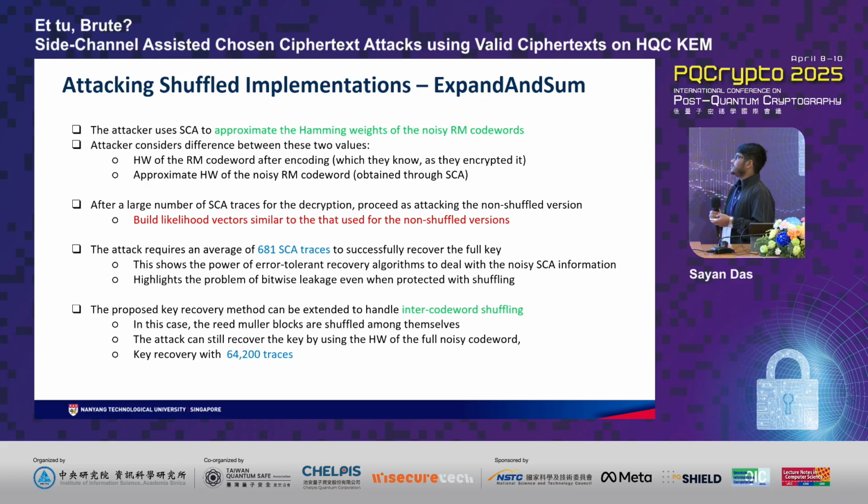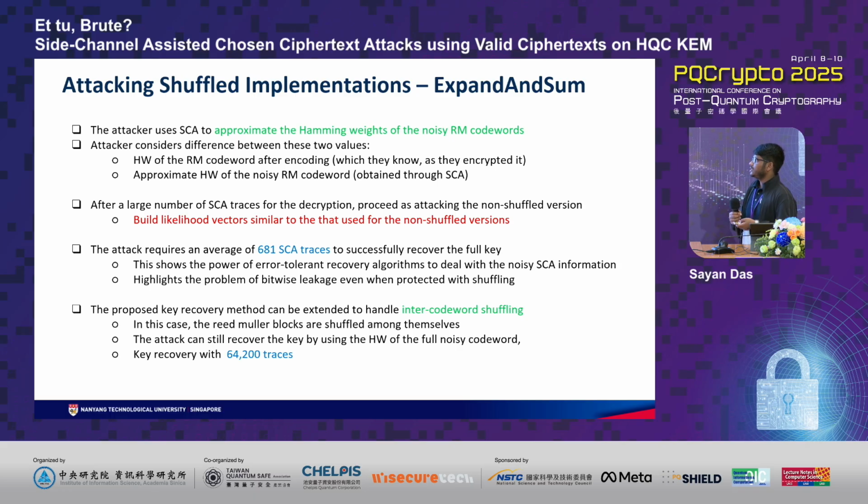After a large number of side channel traces for the decryption, the process builds likelihood vectors, similar to those used in non-shuffled versions. The attack requires an average of 681 side channel traces to successfully recover the full key.